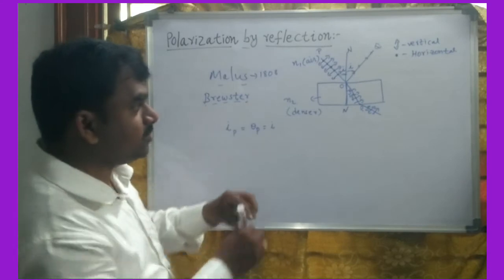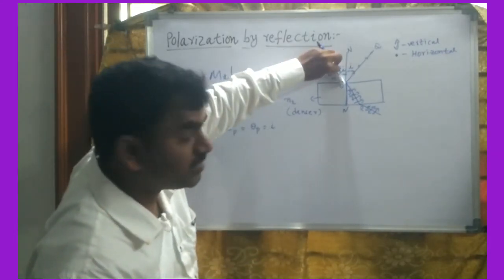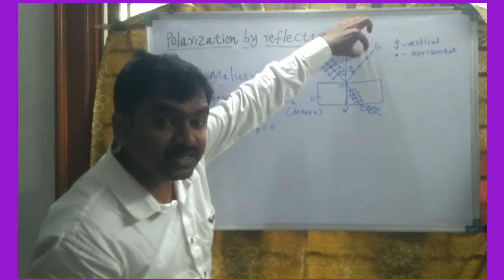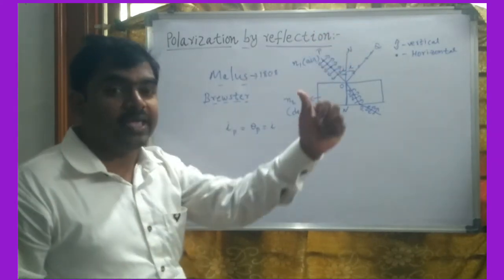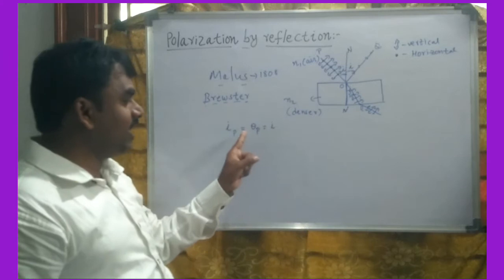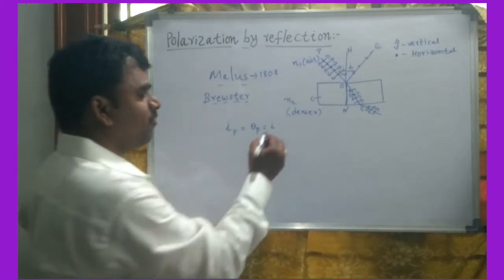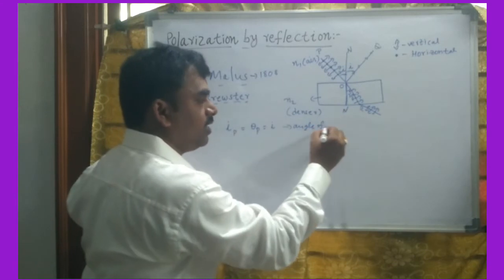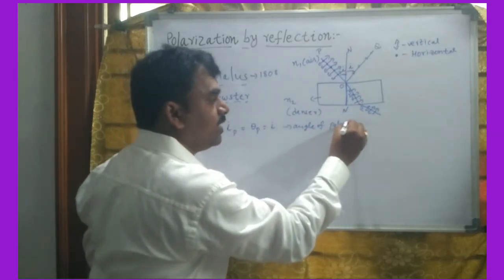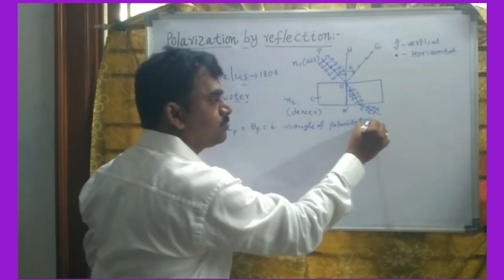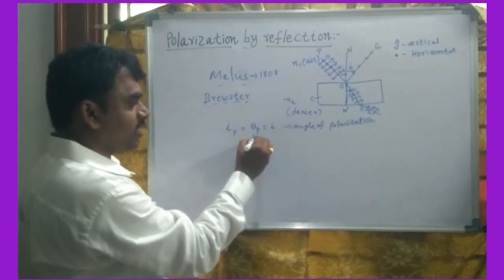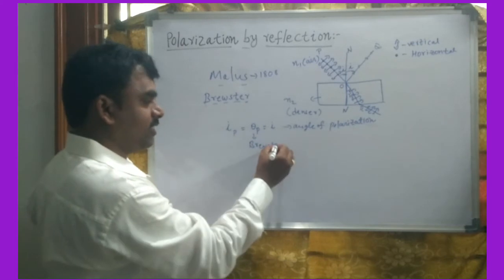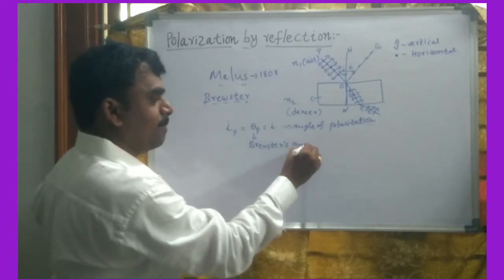So angle of polarization means the angle of incidence at which the reflected beam is perfectly plane polarized. That angle is also called Brewster's angle. We may take it as i_p or theta p, Brewster's angle.